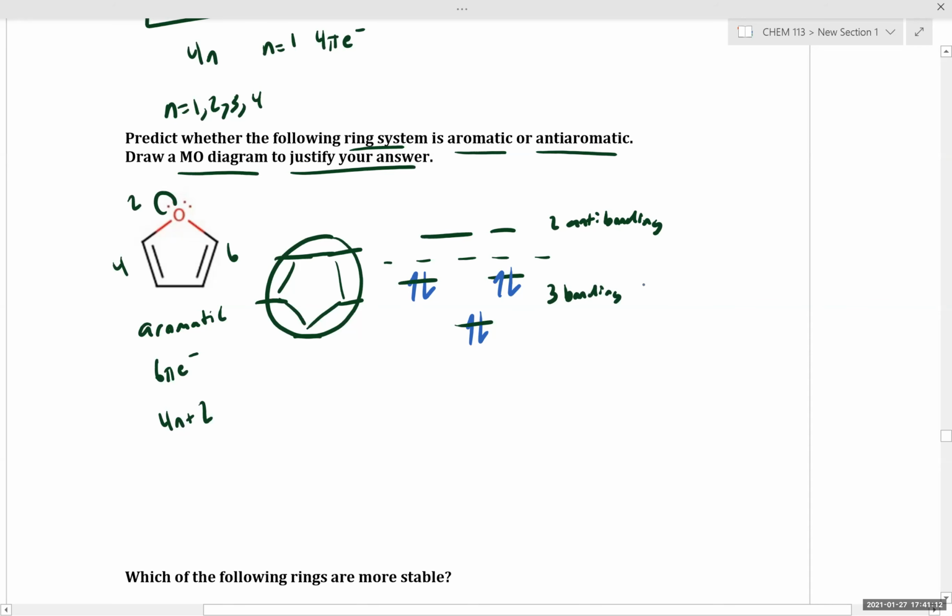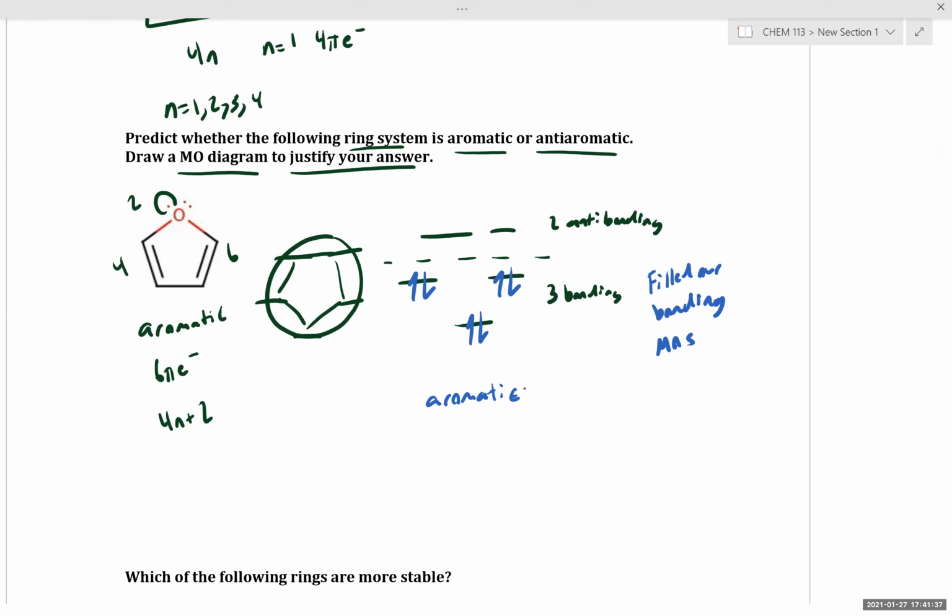And as we notice, we have filled our bonding molecular orbitals. So we have a full shell arrangement where we've completely filled our bonding molecular orbitals, so we can conclude that this ring system is aromatic. Does that idea make sense to everyone?